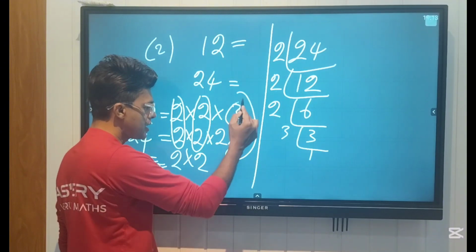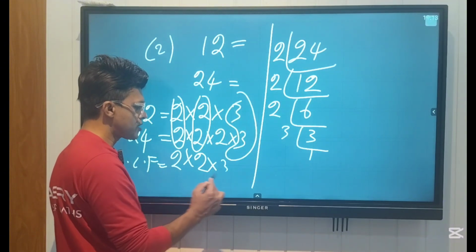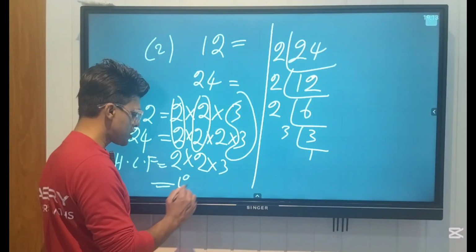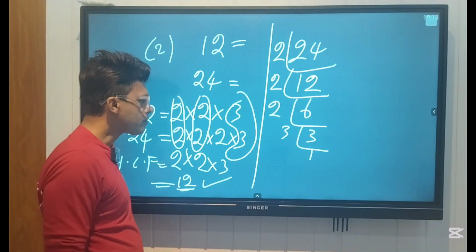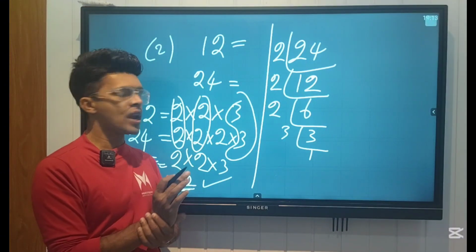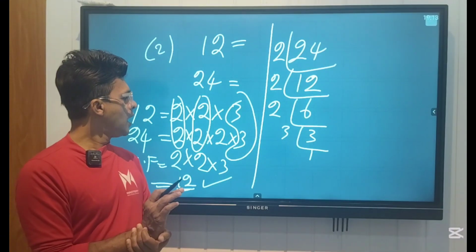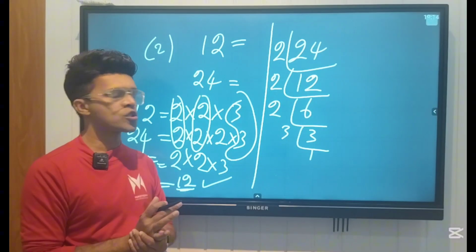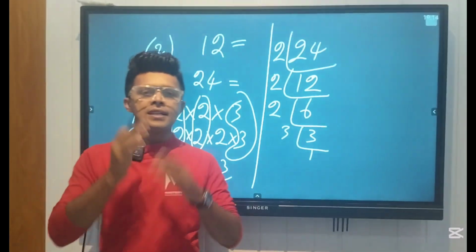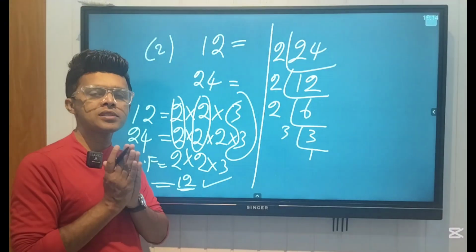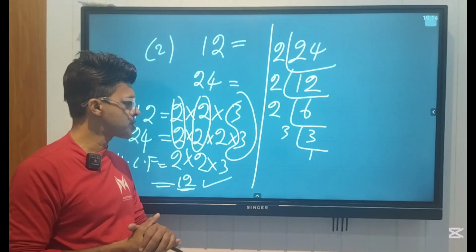Now multiply: 2 times 2 is 4, 4 times 3 is 12. Previously we also got the HCF of 12 and 24 by considering the common factors, but here we have found the HCF of 12 and 24 by writing the given numbers as a product of prime numbers.